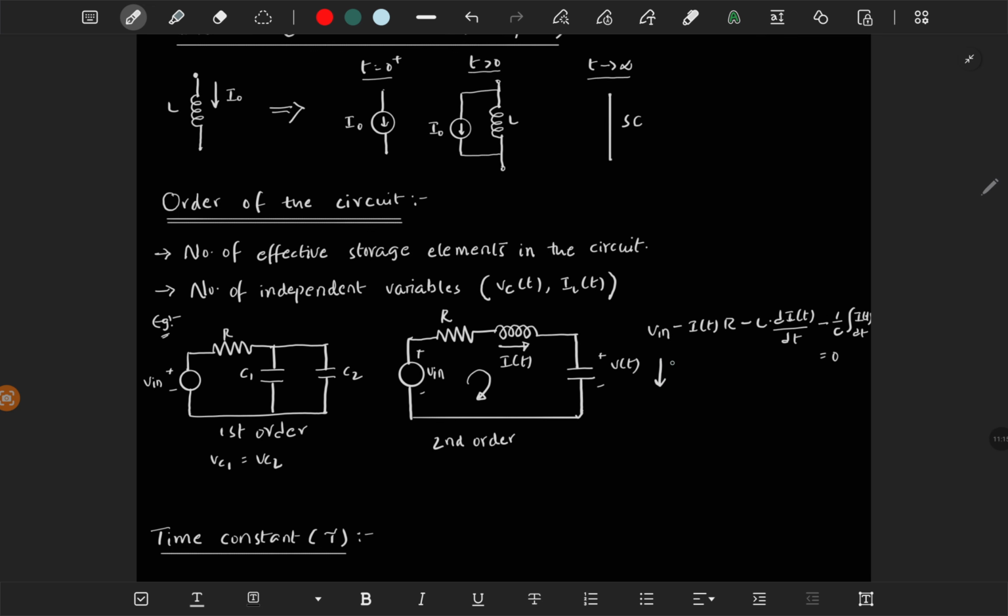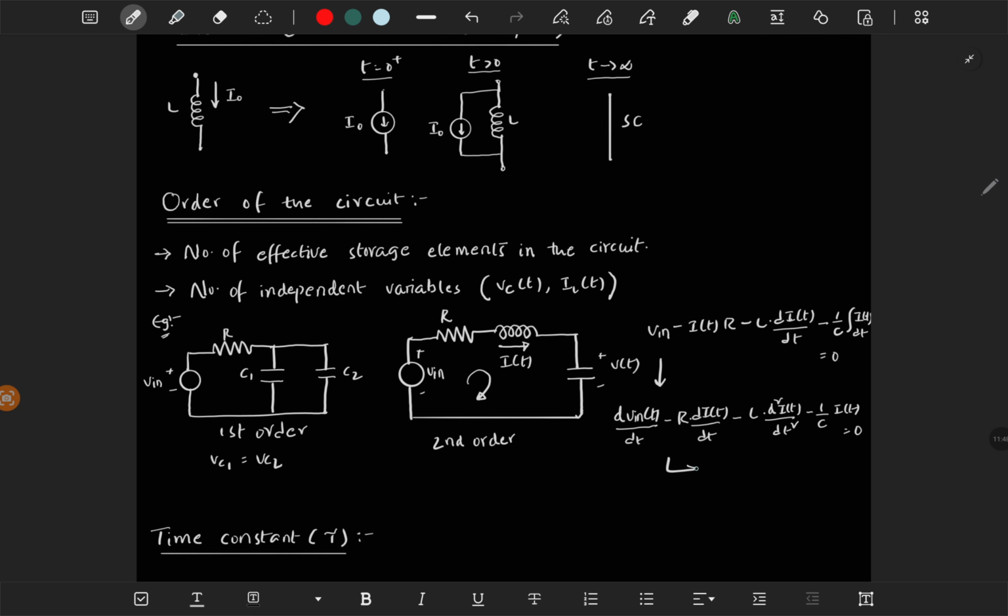If you differentiate this equation, then you will get dV in by dt minus R times di by dt minus L d square I by dt square minus 1 by C I of t is equal to 0.